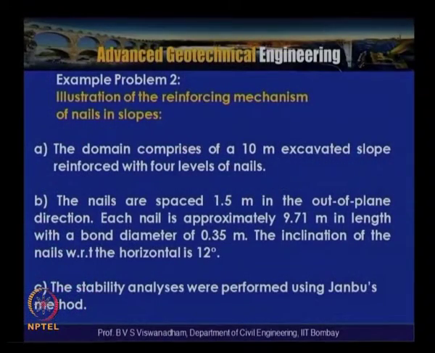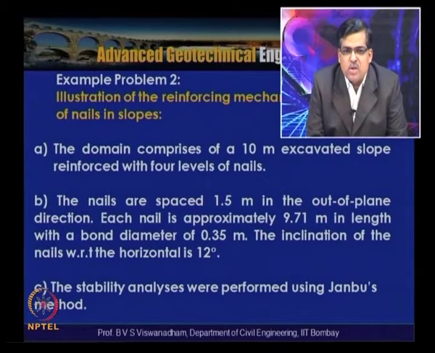This is a 10 meter excavated slope reinforced with 4 levels, or 4 rows, of nails, and the nails are spaced at 1.5 meter in the out of plane direction, and each nail is approximately 9.8 meters in length with a bond diameter of 0.35 meter. The inclination of the nail with respect to horizontal is about 12 degrees, and the stability analysis was performed using Janbu's method.